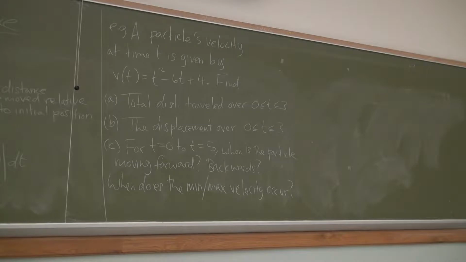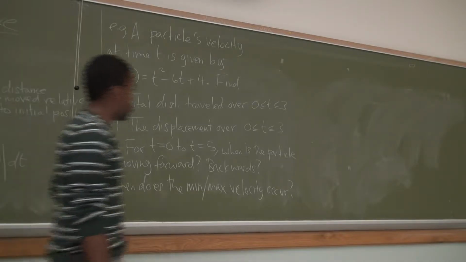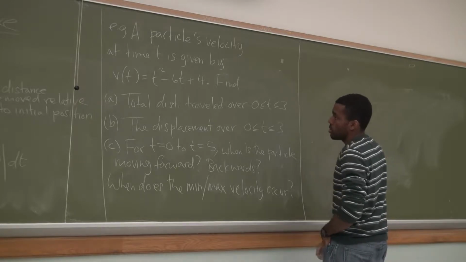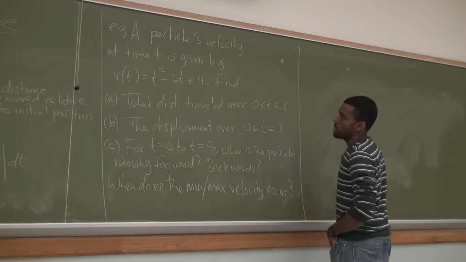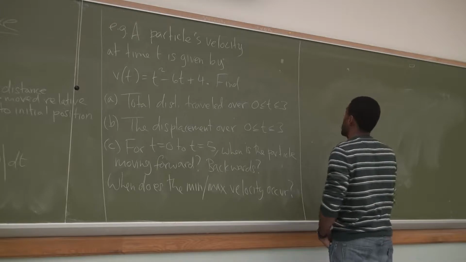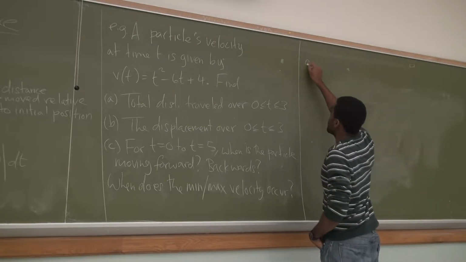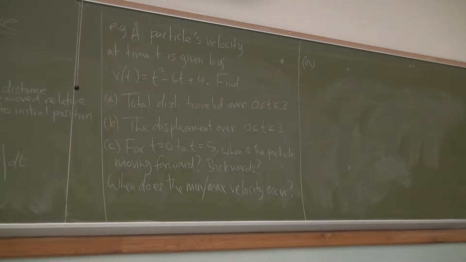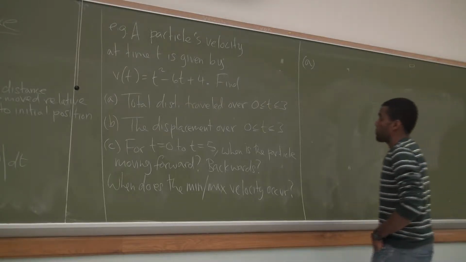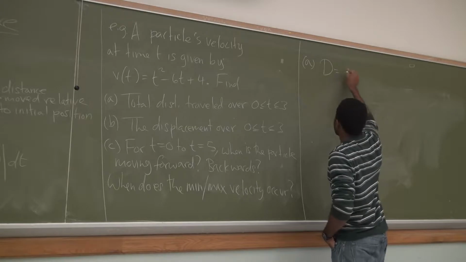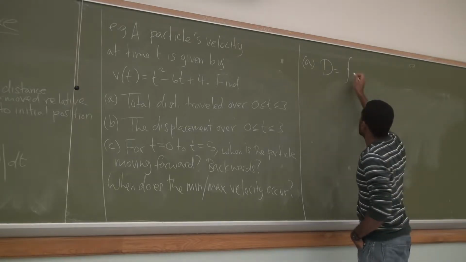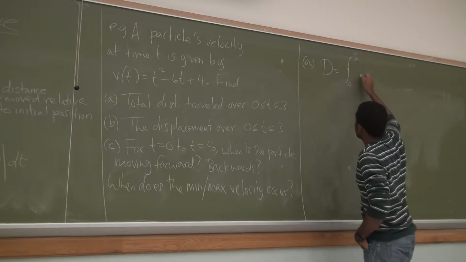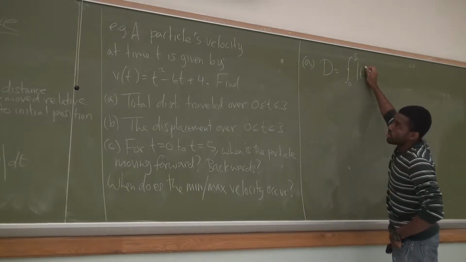Probably should have done displacement first. I'm going to write displacement first. Total distance traveled is given by what? It's just going to be the integral from A to B, 0 to 3, of the absolute value of the velocity function.